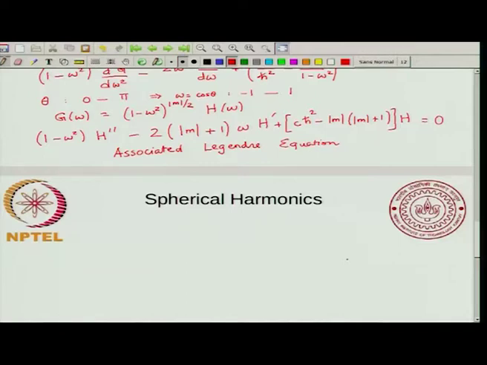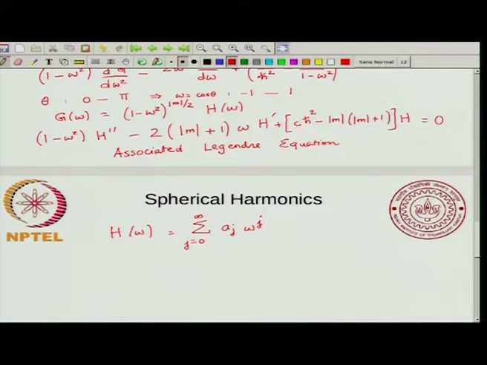So we are going to write this in the form of a power series. You are going to say that h of w is the sum over j equal to 0 to infinity of a j w to the j. I've used the letter j, and this is what you do in the power series method.